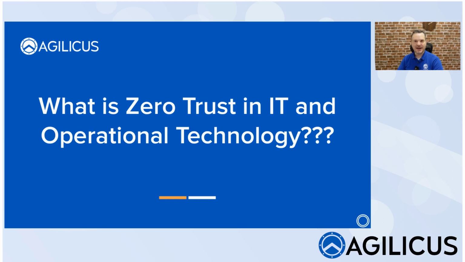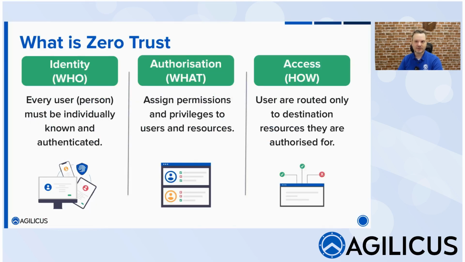So let's look at what Zero Trust does in IT and in operational technology, and what I mean when I talk about identity and resources and authorization. So to us, Zero Trust is based on three things that we need to do whenever we want to have access to a resource, a system, a network, and so on.